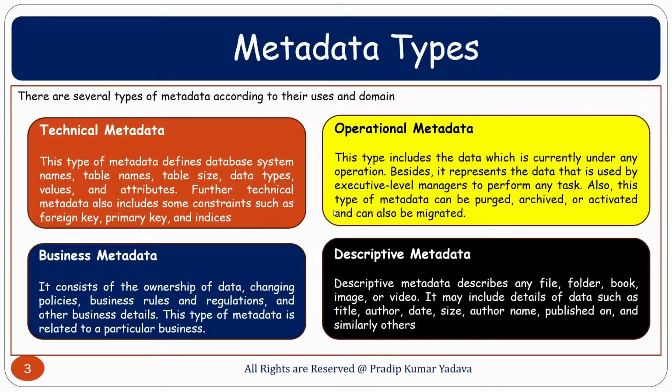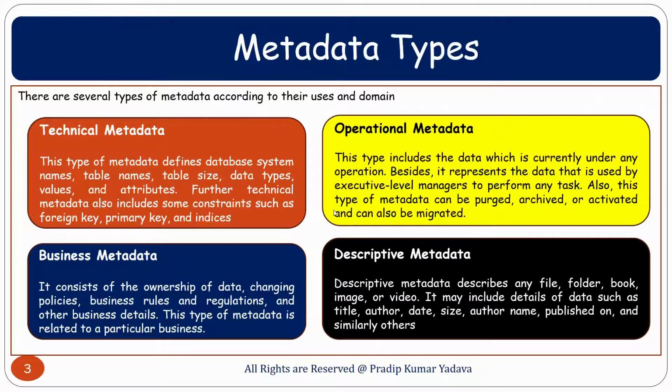So basically there are four types of metadata. One is technical metadata. This type of metadata defines database system names, table names, table size, data types, values, and attributes. It also includes some constraints such as primary key, foreign key, and indexes.